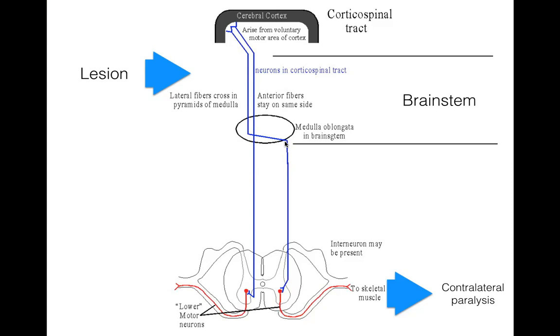This is what we refer to as the pyramidal decussation. And those fibers eventually descend down contralaterally in the spinal cord. And of course, they will eventually innervate an anterior horn cell, which in turn innervates skeletal voluntary muscles. Thus, you can see that if there's a lesion anywhere along the brainstem, the manifestation, of course, would be contralateral paralysis.